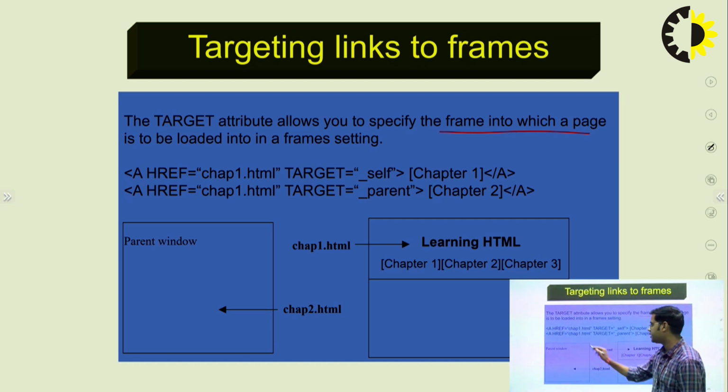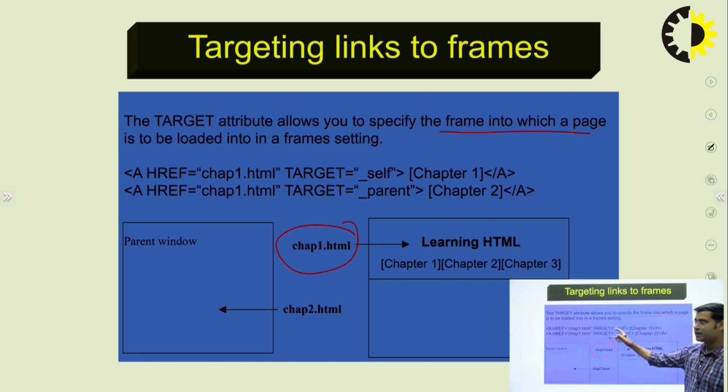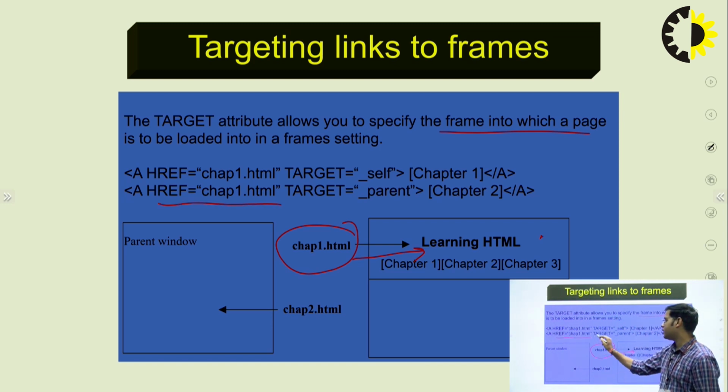As you can see here, chapter1.html, and its target is chapter1. So here the learning HTML page is displayed in this particular frame. Similarly, this is chapter 1, target is the parent. So this is the parent window and this is the self window. So inside the parent window, the chapter2.html web page is visible.